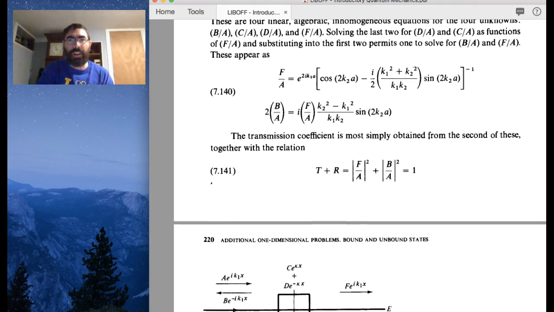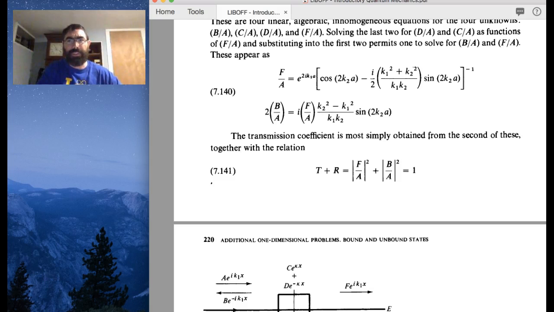So now you have an energy dependence, so the k's, k1 and k2, give an energy dependence to the transmission and reflection probabilities. Not only that, but you also have an A dependence. So half the width of the barrier is also related. So the larger the barrier, the lower the probability that you're going to get transmission across the barrier.